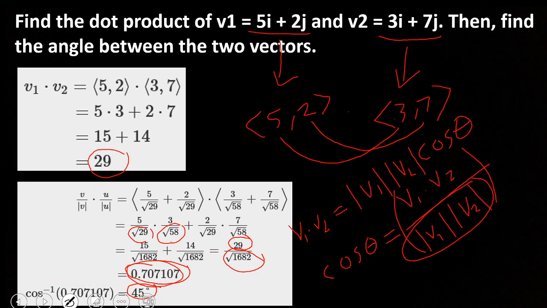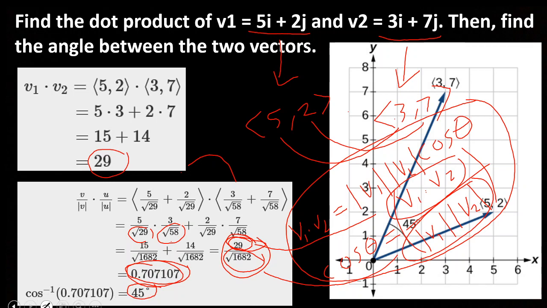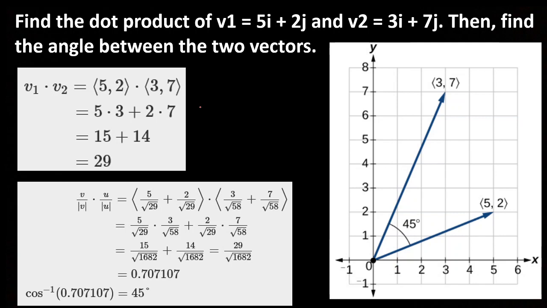Now, what we are doing here is basically using the dot product between these two. You can do that too, but you don't have to. You can use this formula here. So v1 dot v2, the numerator was 29, and the denominator is that. So basically, we are finding cosine inverse of this with the calculator. And that's the angle between the two vectors.